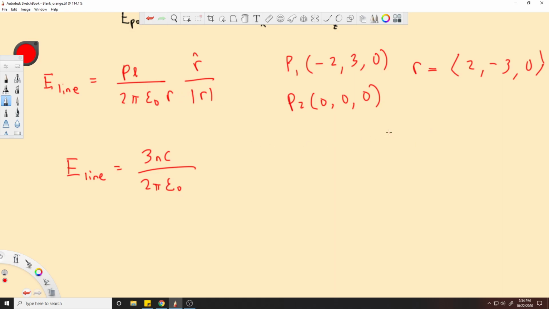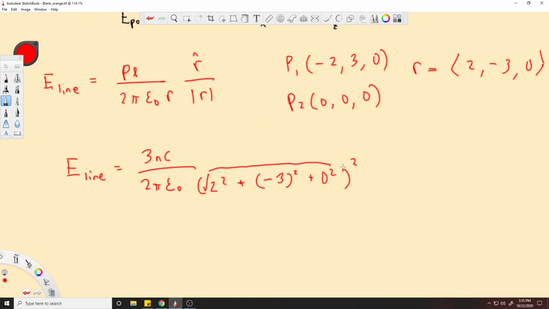This we can bring to, similarly like we did before, an r squared because of the 2 r's, and you'll be squaring a square root. So this will be 2 squared plus negative 3 squared plus 0 squared, and this whole thing is a square root because it's the magnitude, right?